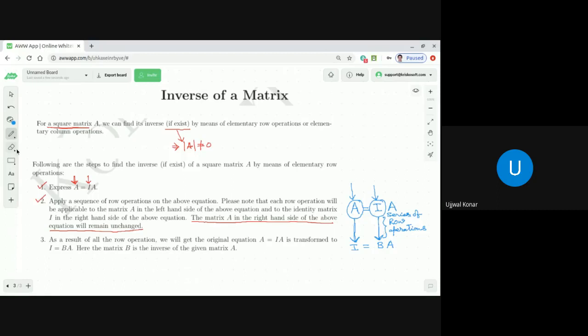Then, as a result of these row operations, the original equation A equal to IA is transformed to I is equal to BA, as I wrote it here. Initially we had A equal to IA, but now we get I equal to BA. Hence, the matrix B is the inverse of the given matrix A.